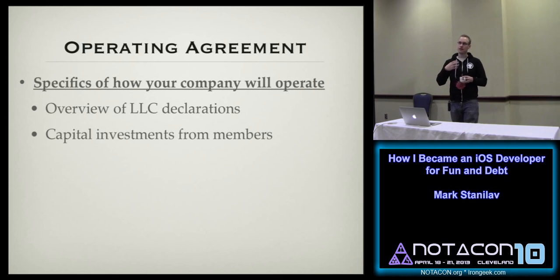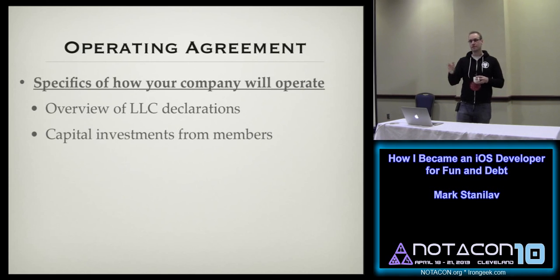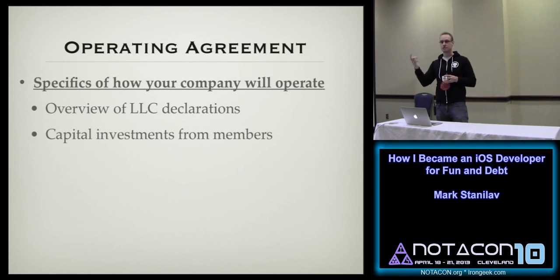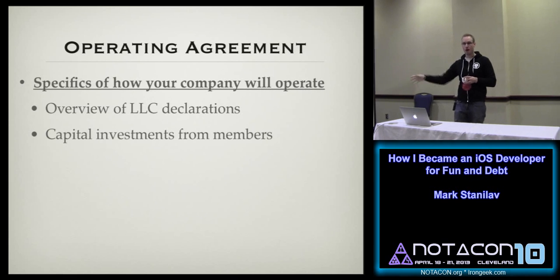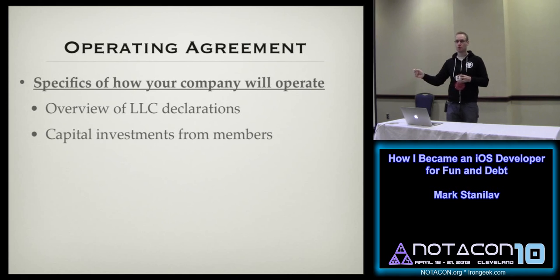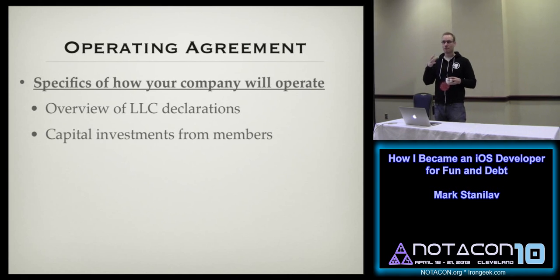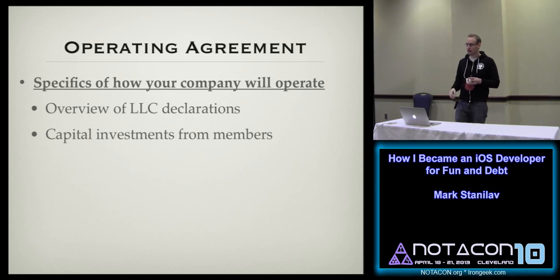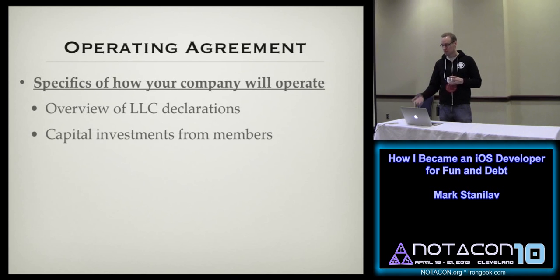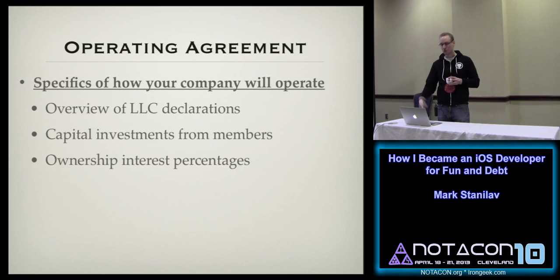When I created this company, I took $200 of my own money, basically for domain names and enough stuff to get on the internet, so that when people came to me and said, could you process this payment for your work you just did? I could say, yes, I have a bank account, I have this X, Y, and Z. So capital investment, who's contributing money, ownership interest. Again, this is all super easy when you're one person, right? It's 100%, 100%, 100% for everything.